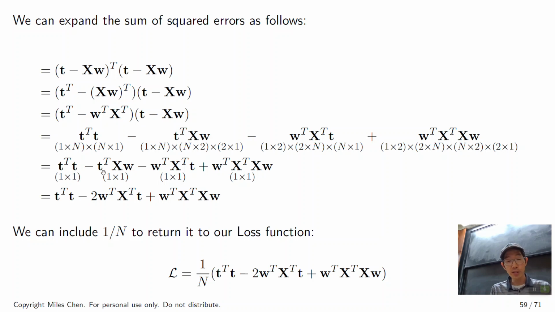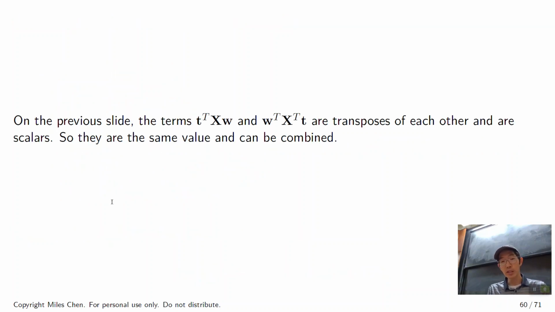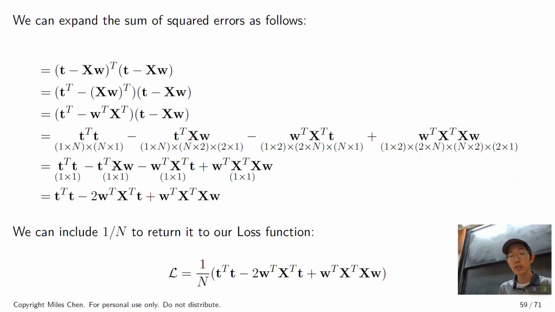And these two things, t transpose xw and w transpose x transpose t, I can combine. I have it written on the next slide. Basically, this is a 1 by 1 scalar value, and this thing over here, w transpose x transpose t, is also a 1 by 1 scalar value. And these are transposes of each other. If I transpose this, you reverse the multiplication.